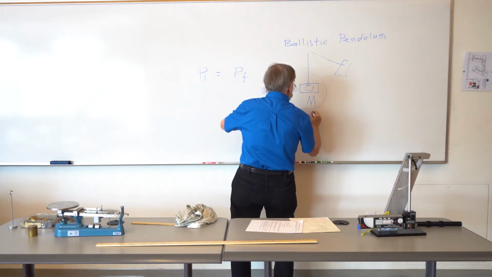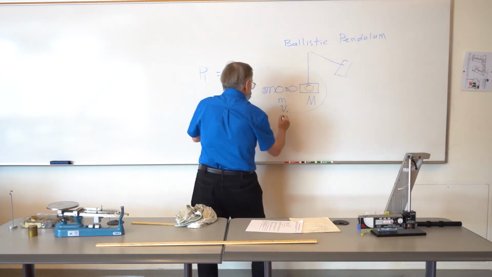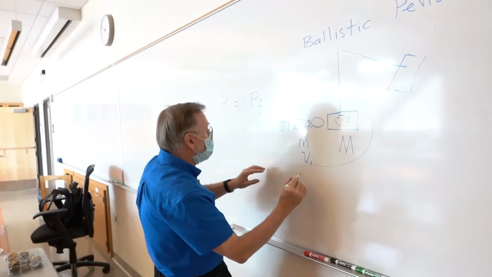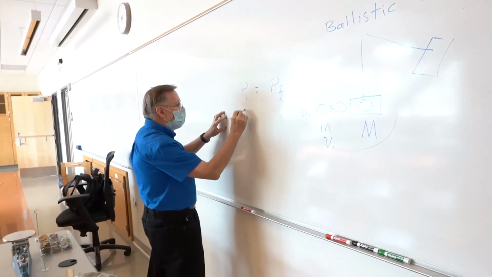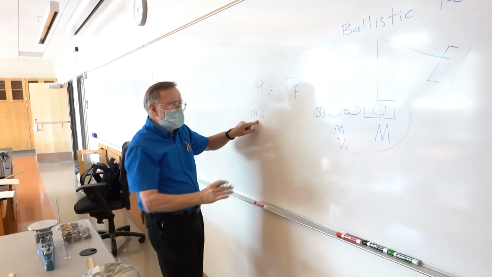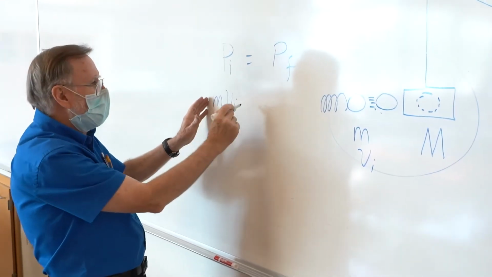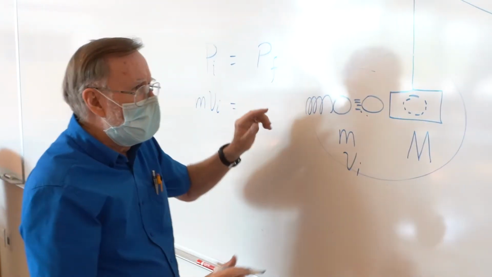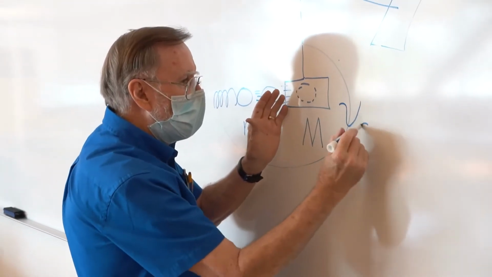The pendulum has an initial velocity 0. So the total momentum of the system before the collision is going to be the mass of the ball times its initial velocity. The mass of the pendulum doesn't come in here because it isn't moving. The final momentum, as soon as the pendulum catches the ball, it's going to be moving with a final velocity.